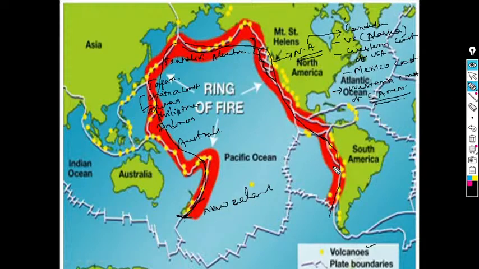See, this is also a tectonic belt. Here we saw this in South America, the countries which are bordering the Pacific coast: Colombia, Ecuador, Peru and Chile.